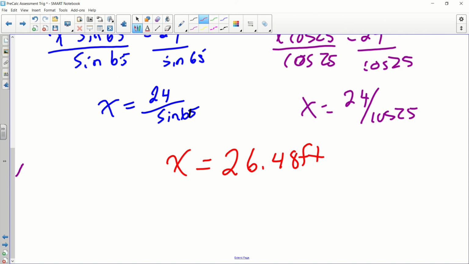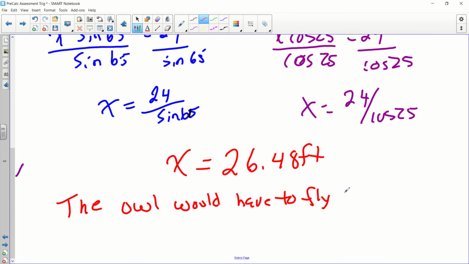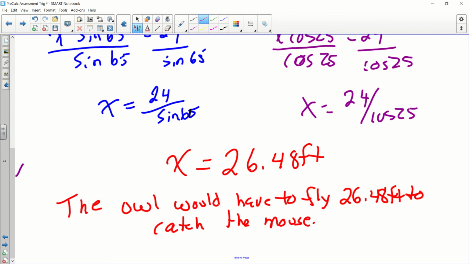So for my communication, the owl would have to fly 26.48 feet to catch the mouse.